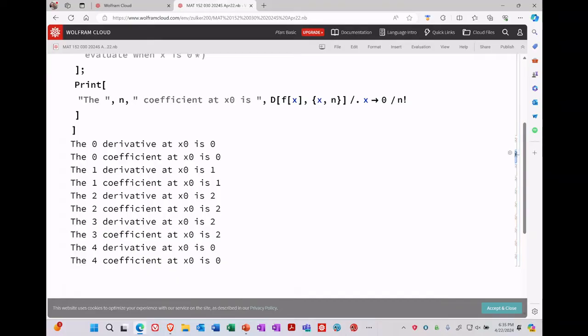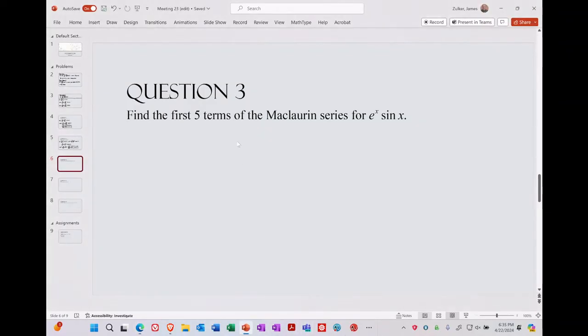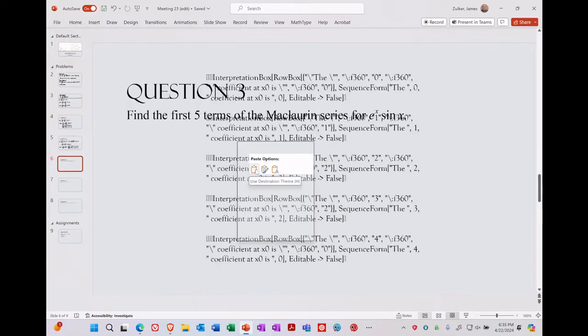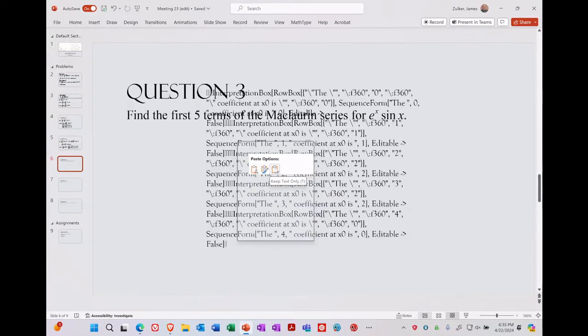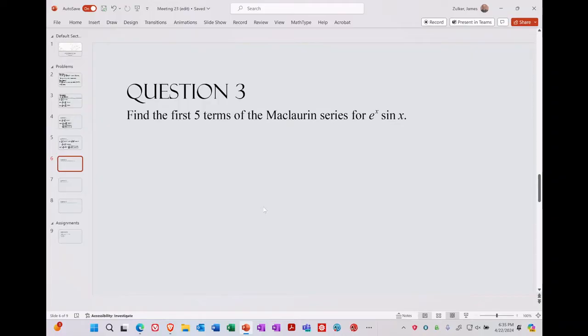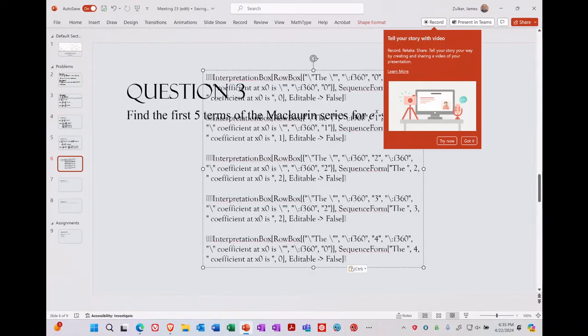Oops. You're not even going to give me the option to paste it as a picture, are you? Oh, you suck.